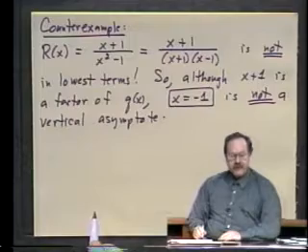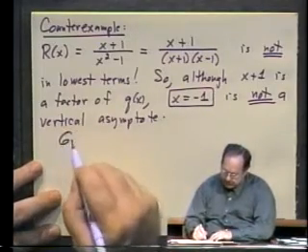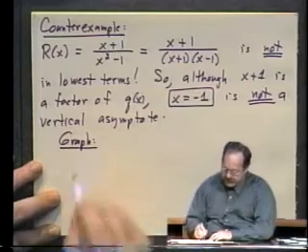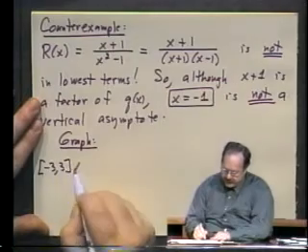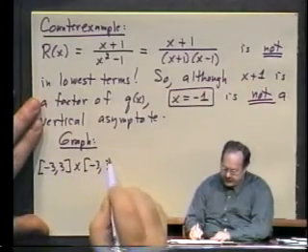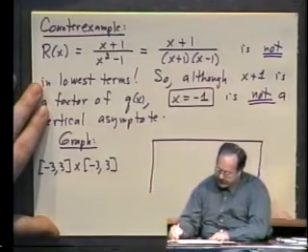Okay? This is not a vertical asymptote. And let me convince you of that by looking at the graph and show you what does happen. So I'm graphing this on minus 3 to 3 by minus 3 to 3, in case you want to reproduce this. And here's the picture I got.